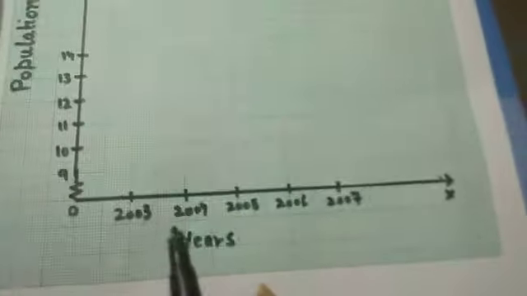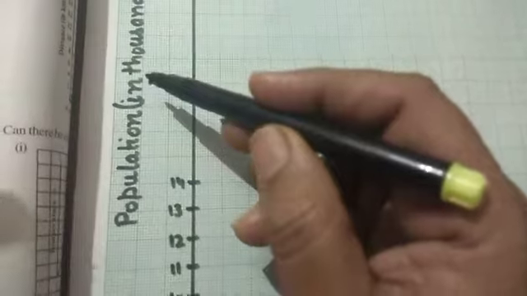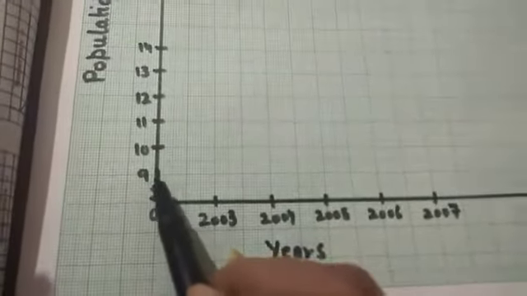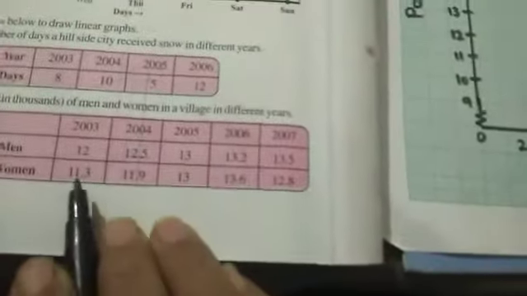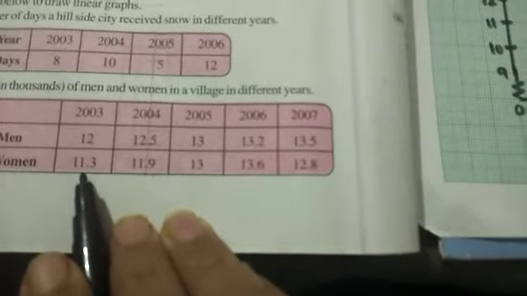Now what we'll do, on x-axis we'll take years and on y-axis population in thousands. You can see here I have drawn a kink, because when you check the values, all the values are more than 11.